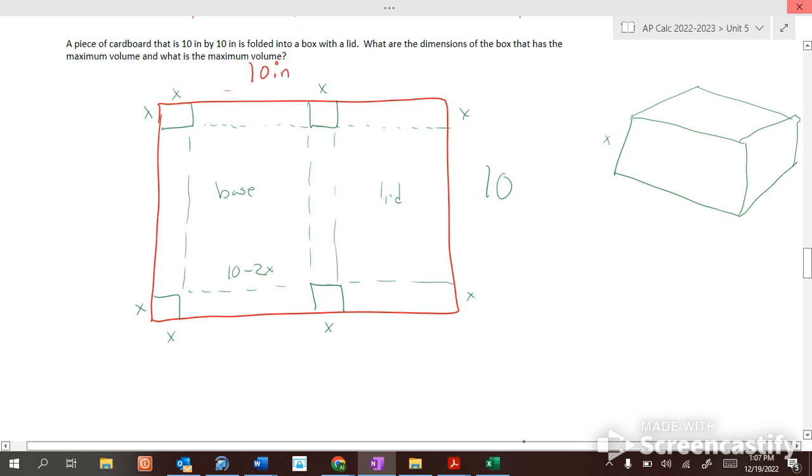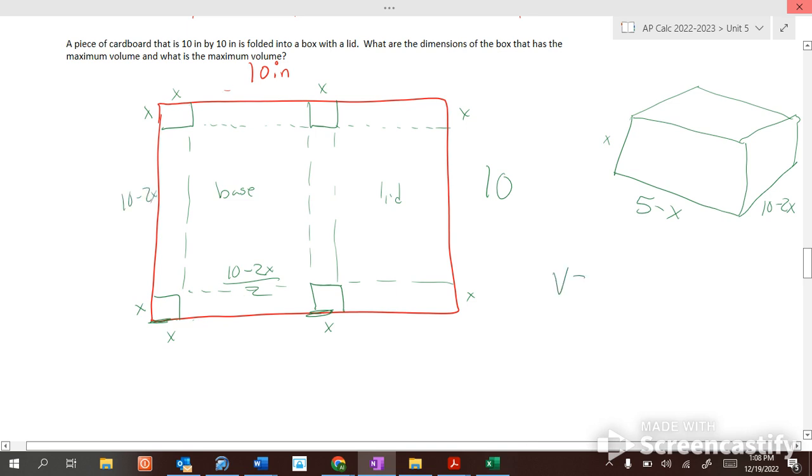Well, we subtracted an X here and an X here, so that's 10 minus 2X. And then the base is not only the bottom, but the top, so it's divided by 2, because there are 2 parts, okay? So the one base would be 5 minus X. The other side is 10 long, and we took off an X and an X, so it's 10 minus 2X for this side.